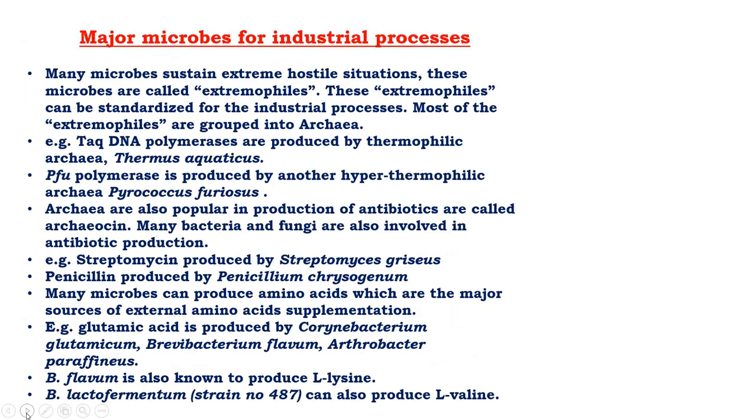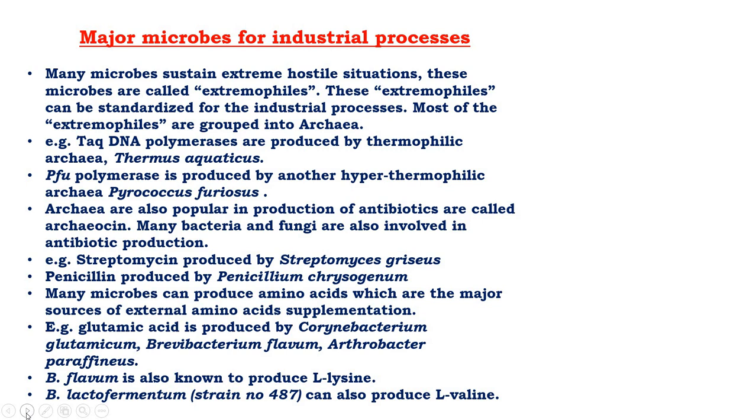Next, what are the major microbes for industrial processes? There are innumerable ones, but there are some flagship microbes which are very popular, and we can give examples of those.